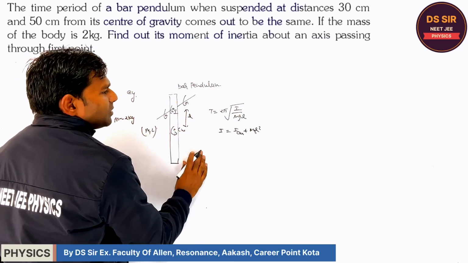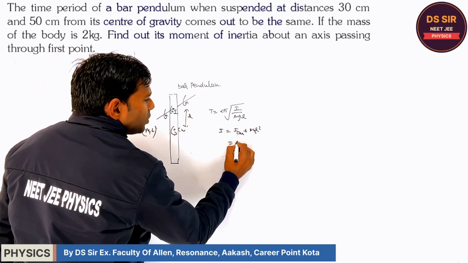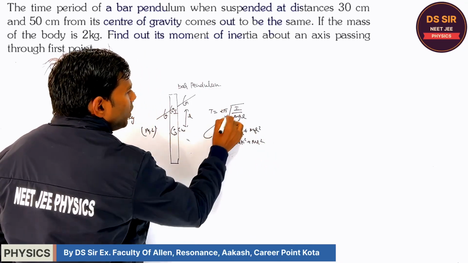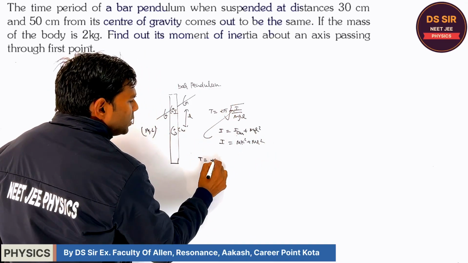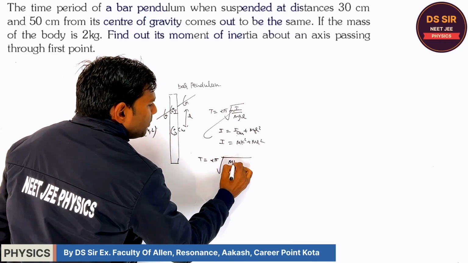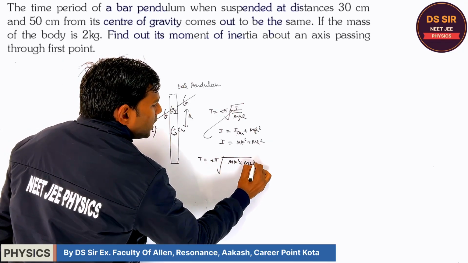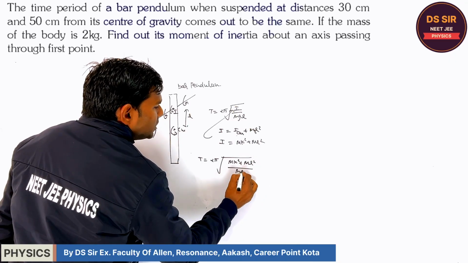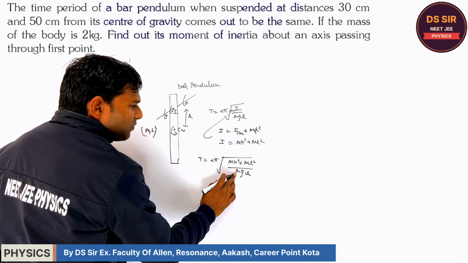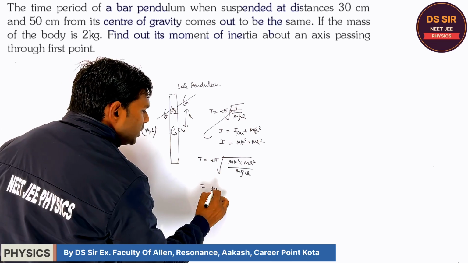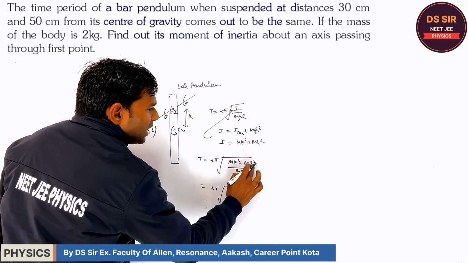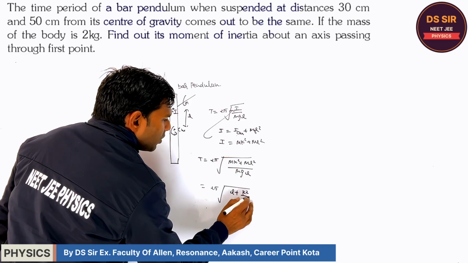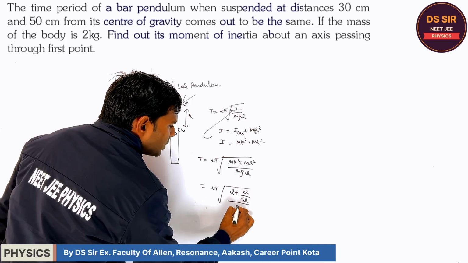This distance is L. As I told you, the ICM is equal to m k square. If you put the value of I in this expression, T is equal to 2 pi root of (m k square plus m l square) divided by mgl. If you simplify, m will cancel out, T is equal to 2 pi root of (L plus K square upon L) divided by g.